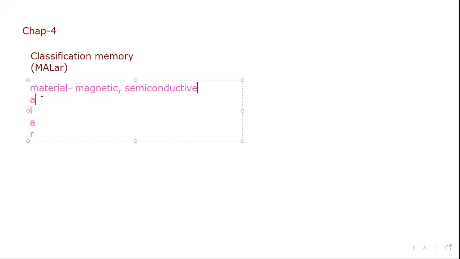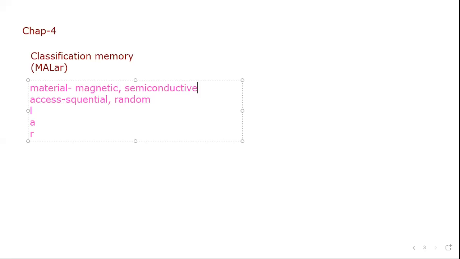Next is based on access type. A stands for access: how you access your data, or how you access a particular address to get your required data. This access type can be sequential access or random access.